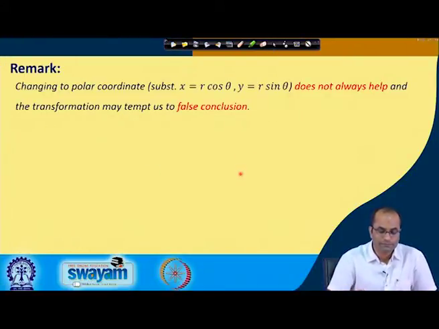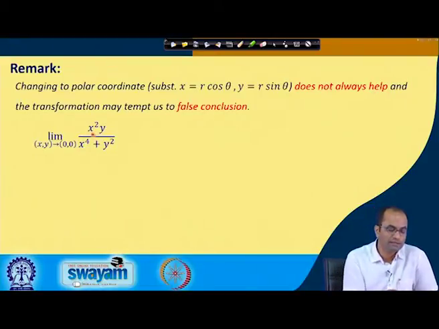The next remark: changing to polar coordinate does not always help. This is very important, that it does not always help, and the transformation may tempt us to a false conclusion. We will see a supporting example in this case.